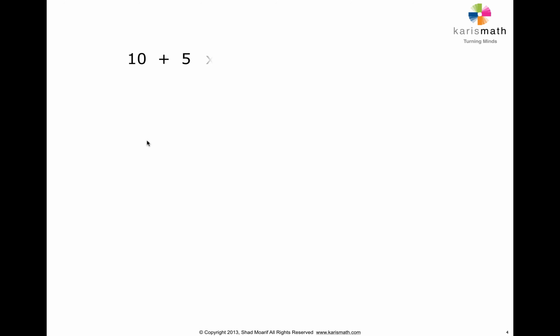Okay, good. Now, you've got this problem here and this problem here. Don't they look exactly the same? They are exactly the same. Now, if I put brackets here and here, are these two sums exactly alike? The numbers are the same, but the sums are not the same, because here the brackets are around 10 and 5, and here the brackets are around 5 and 2.